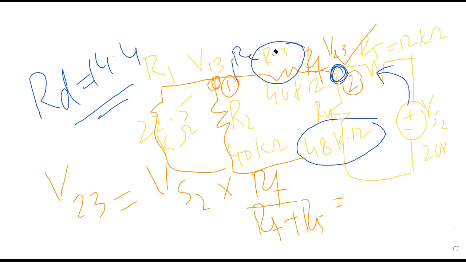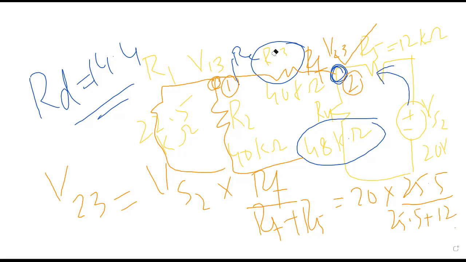So the VS2 value is 20 multiplied by the value of RF, which is 25.5, whole divided by RF, 25.5, plus the value of R5, which is 12.